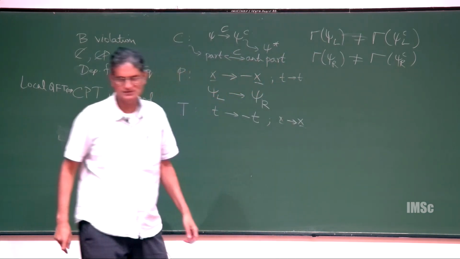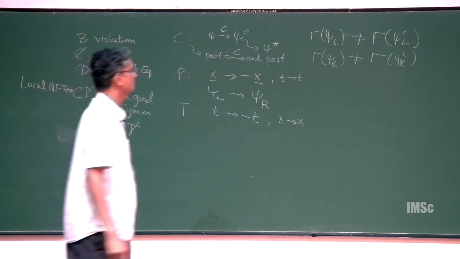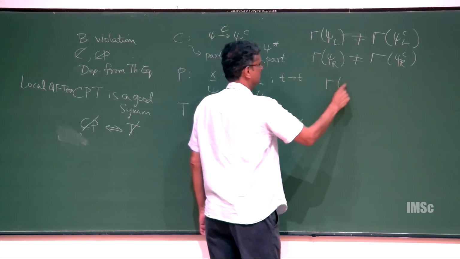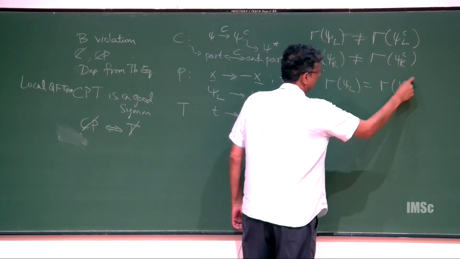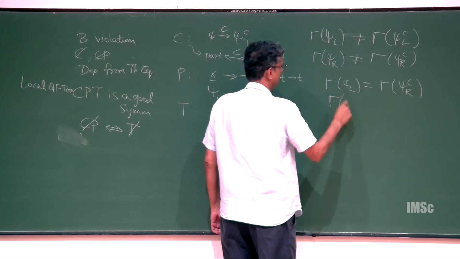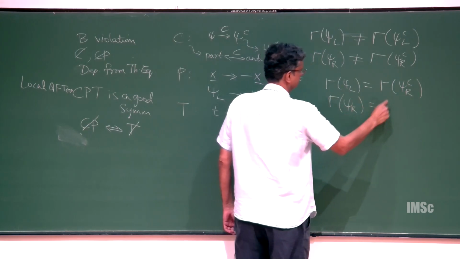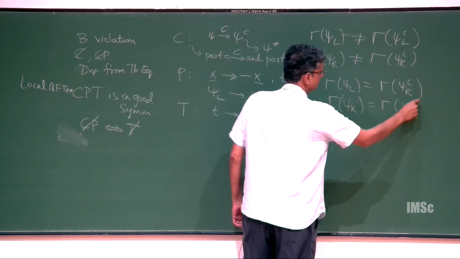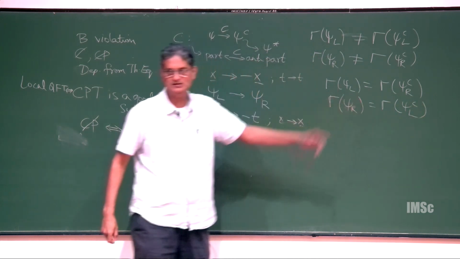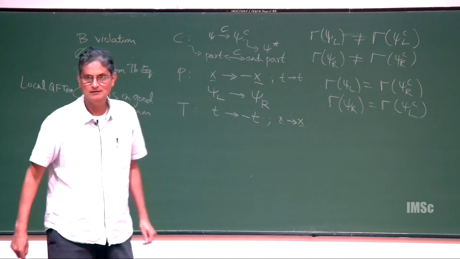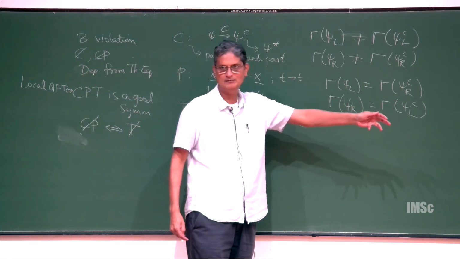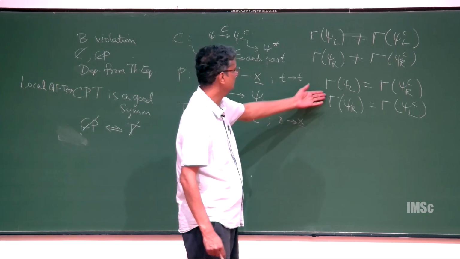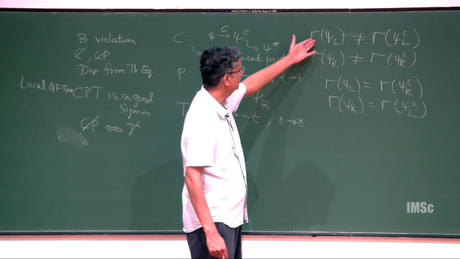This means C violation. But it could happen that the rate for psi L is equal to the rate for the other one. This is C violating, but it is CP conserving. And so if CP is conserved, C could still be violated.